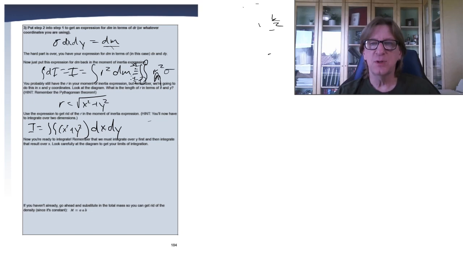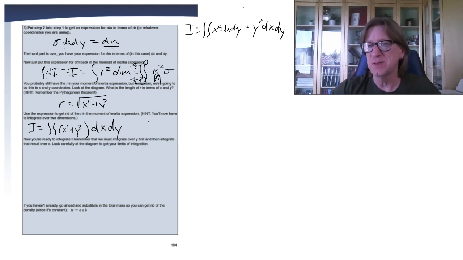Let's go ahead and multiply through in that parenthesis explicitly. So I have that I is equal to my double integral with my limits, x squared dx dy plus y squared dx dy. It is not x squared dx plus y squared dy. That's where people make their mistakes, all right?